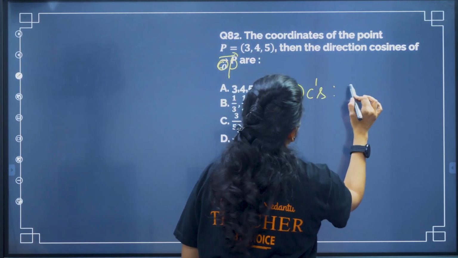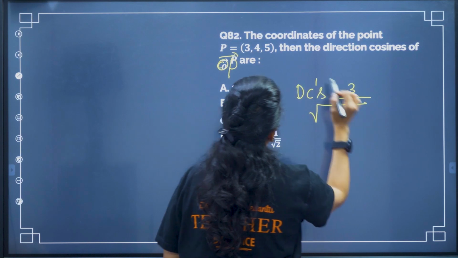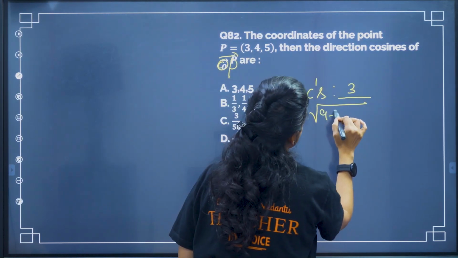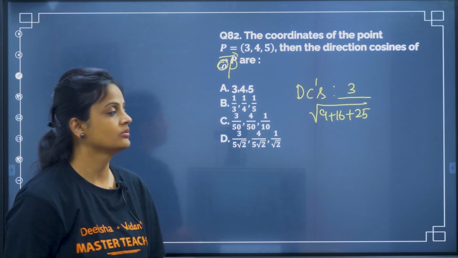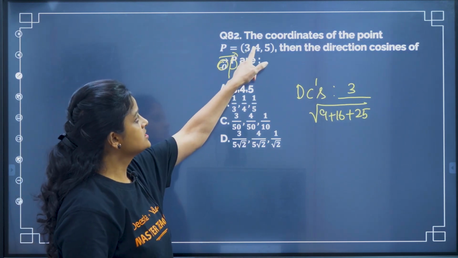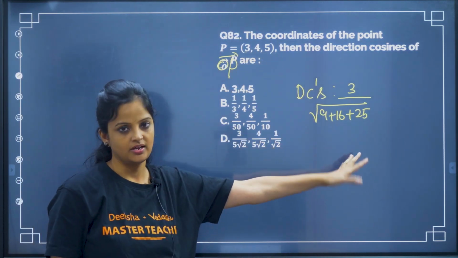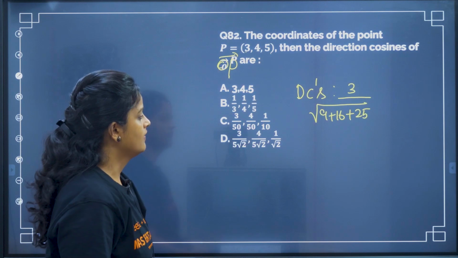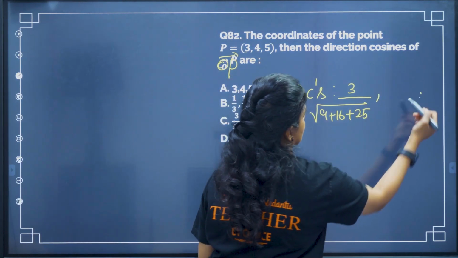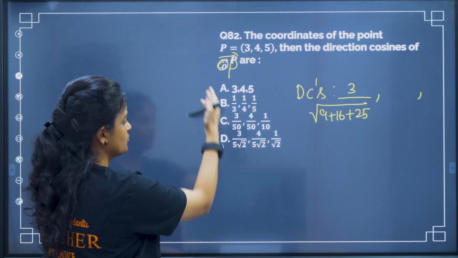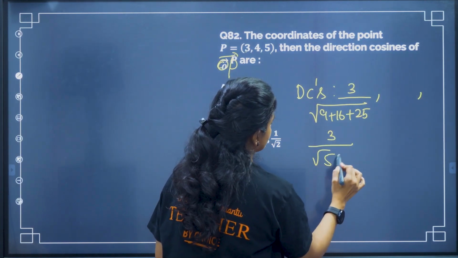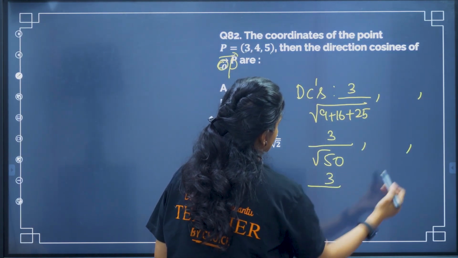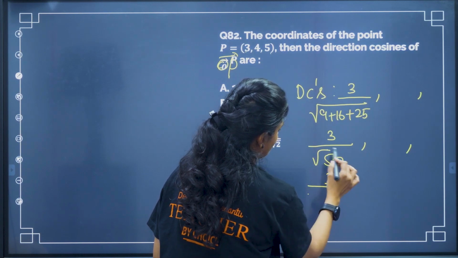So what will I do? 3 divided by under root 9 plus 16 plus 25, isn't it? So we have to square the values they have given, 3 square, 4 square and 5 square. That's all. If you see one value, the other two you can write on your own. In the options only two will be given. 3 divided by root 50, 3 divided by root 50 means how much?